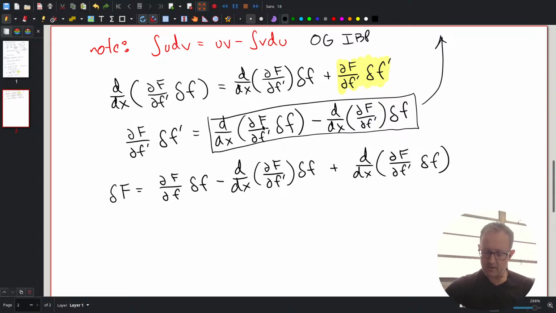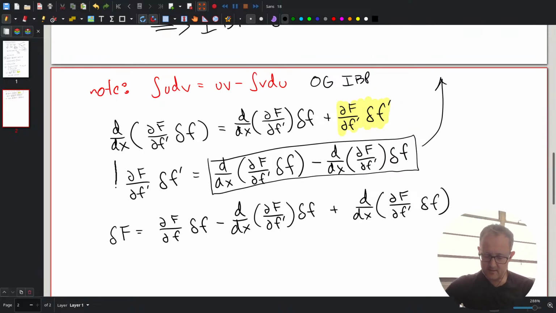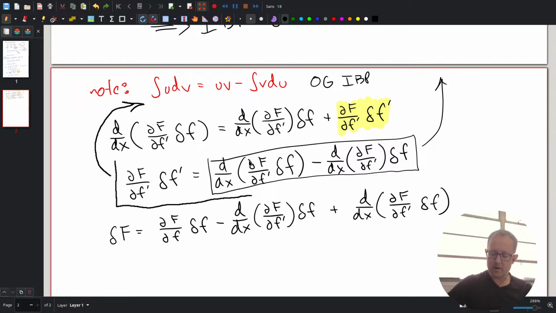If you look at this, it is the same as this integration by parts.